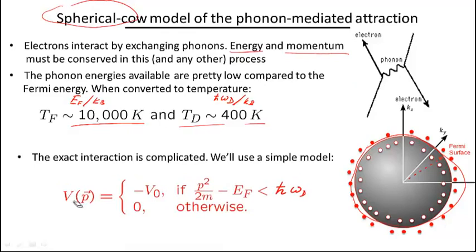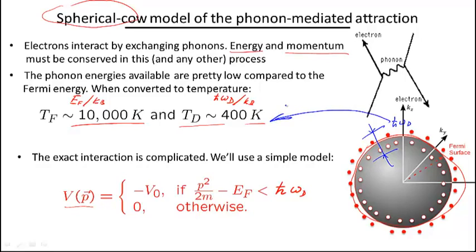So this is an equation for a momentum-dependent interaction between the two electrons, V of p. And what it tells us is that the two electrons attract each other if they're located in a narrow shell near the Fermi surface, and the width of the shell is of the order of this phonon energy.